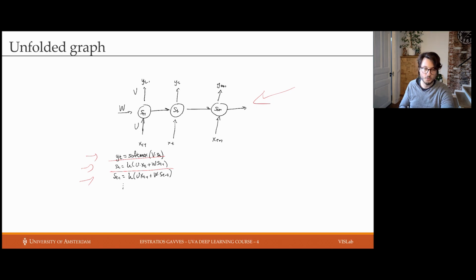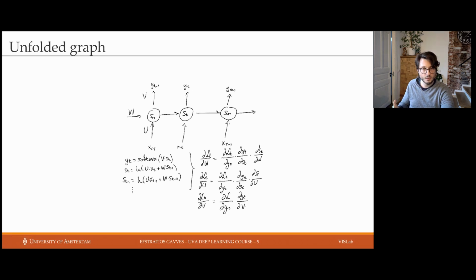Our current state is computed on the basis of a nonlinearity, which receives as input the network input and the previous state, and the previous state is computed again from the same equation, but one time step back. And of course we can continue this until S0. Right, so this is the unfolded graph for a recurrent neural network.